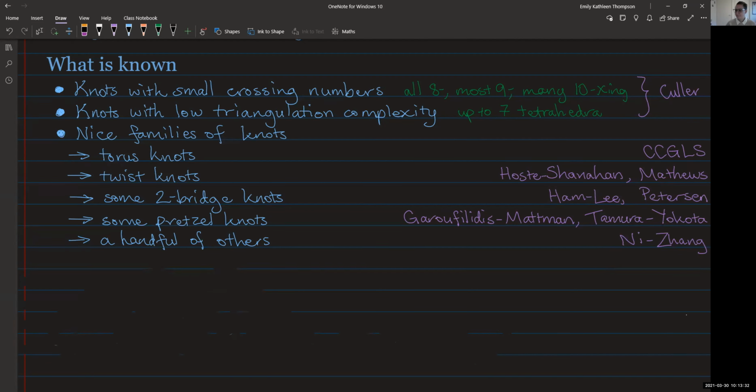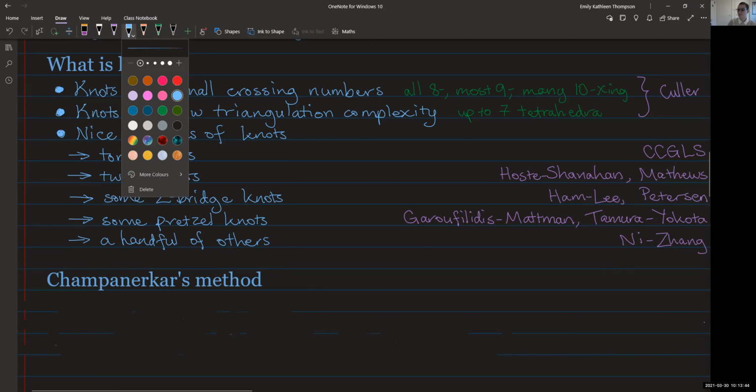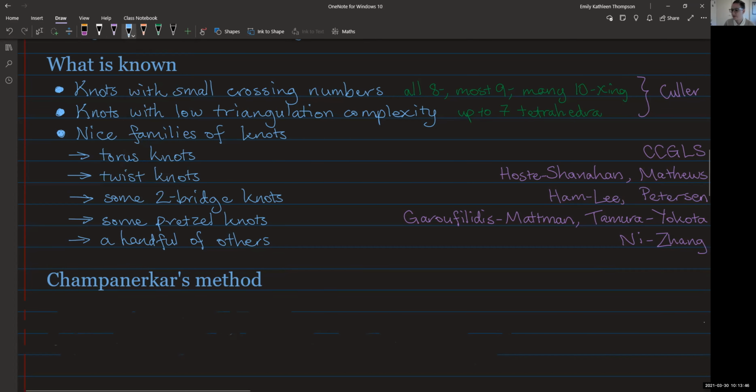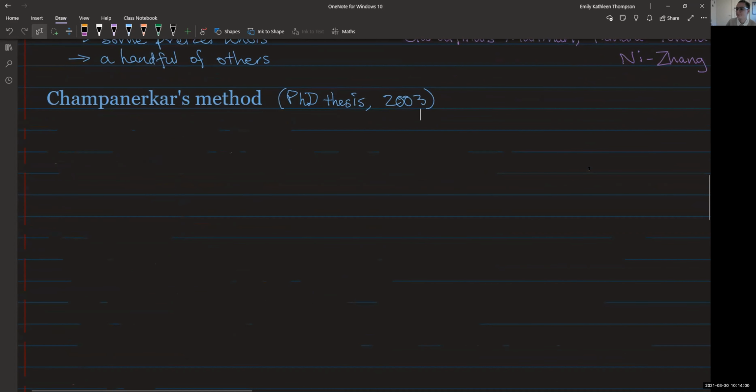Okay, let me tell you a little bit more about why triangulation complexity is relevant. Champanerkar is responsible for this idea. In his PhD thesis in 2003, he developed a method for computing a similar polynomial, let's say.